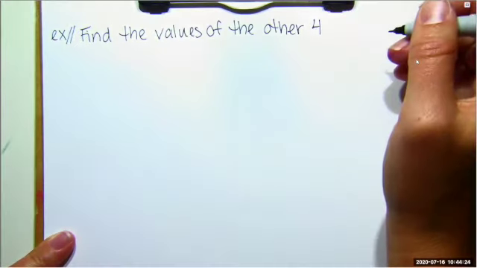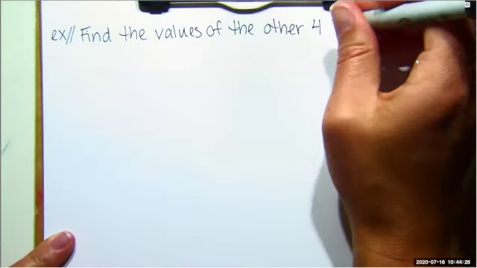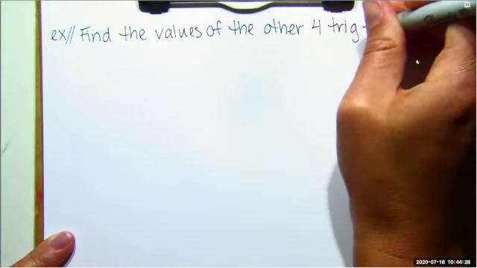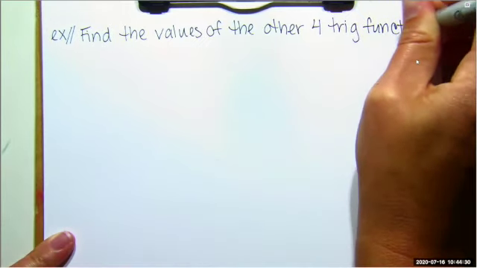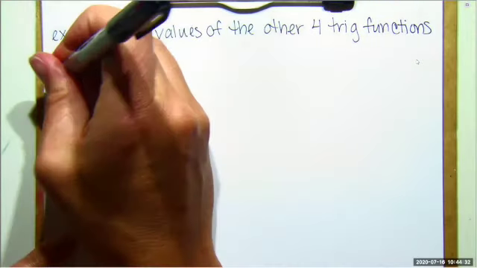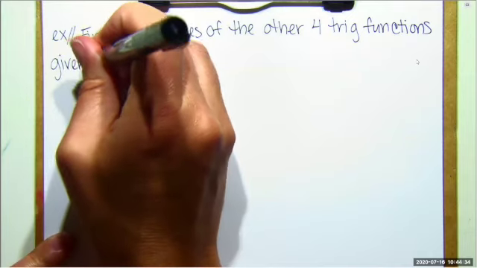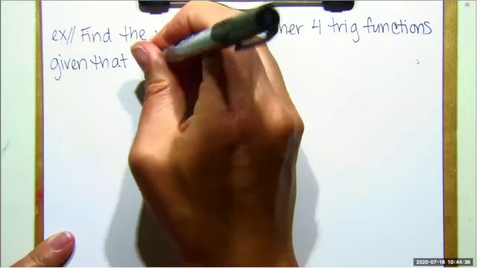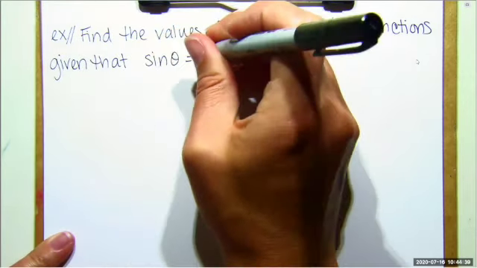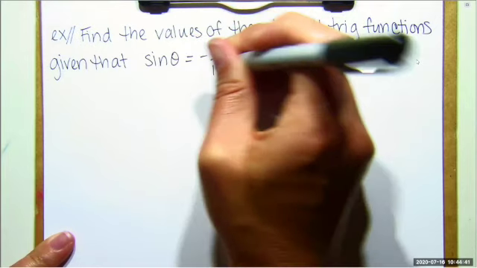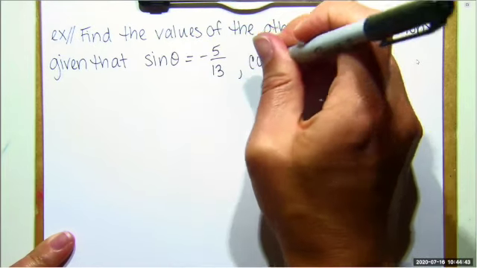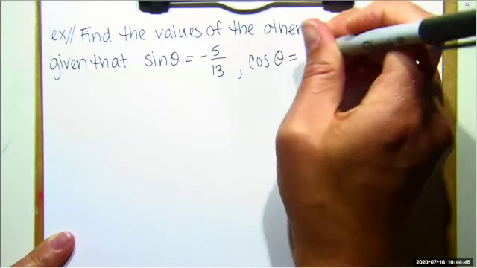Find the values of the other 4 trig functions, given that sine of theta is equal to -5/13 and cosine of theta is equal to 12/13.